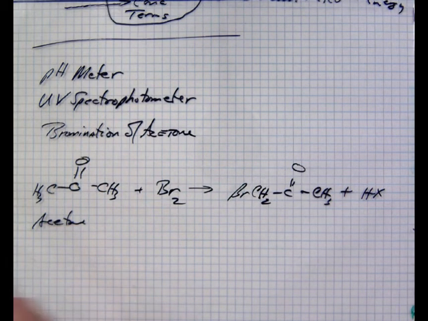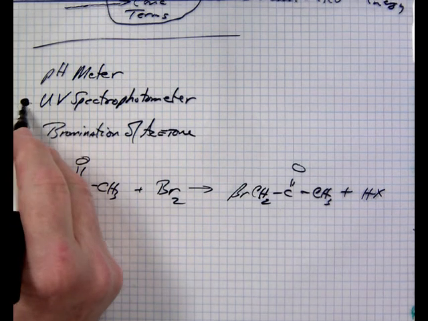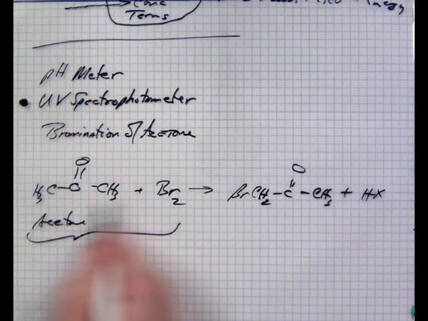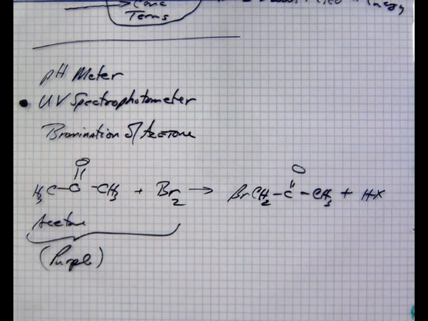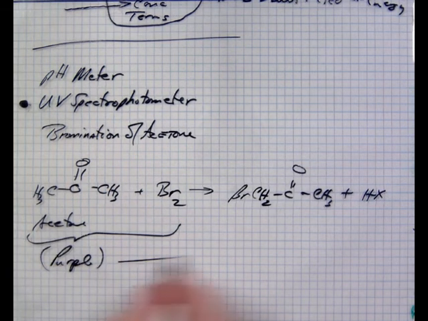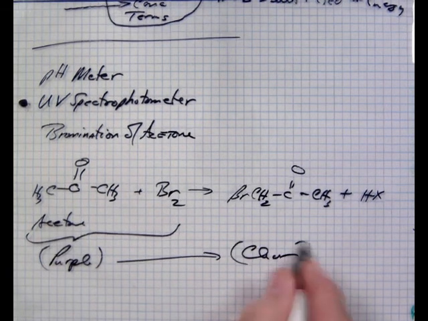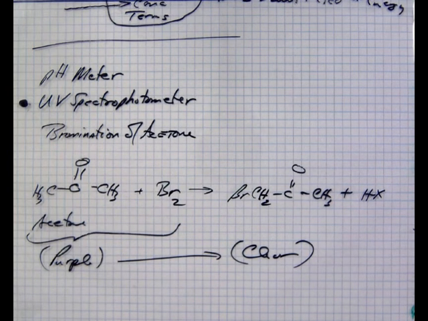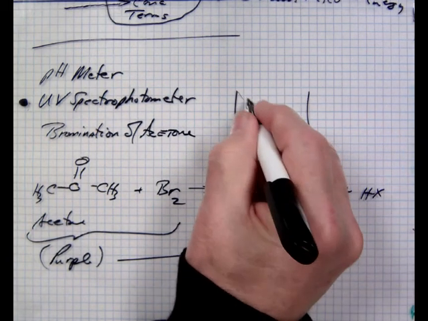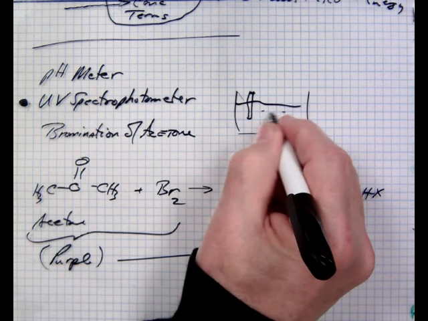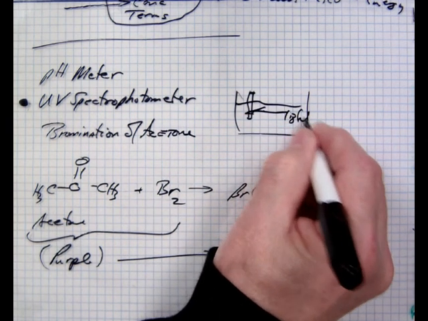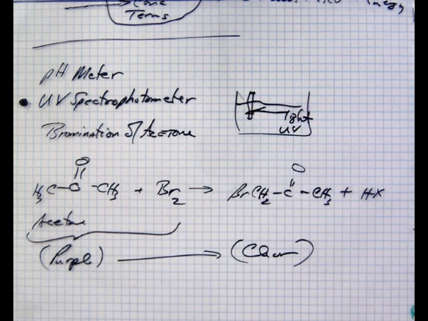Well, what's interesting and what makes us use the UV spectrophotometer is the reactant side is purple. Has a purple color in your solution. And as the bromination takes place, it goes to clear. So as you put this solution into your detector, here's your UV spectrophotometer, and you put your solution, it's called a cuvette, in here, and you run a light beam of UV light through it.